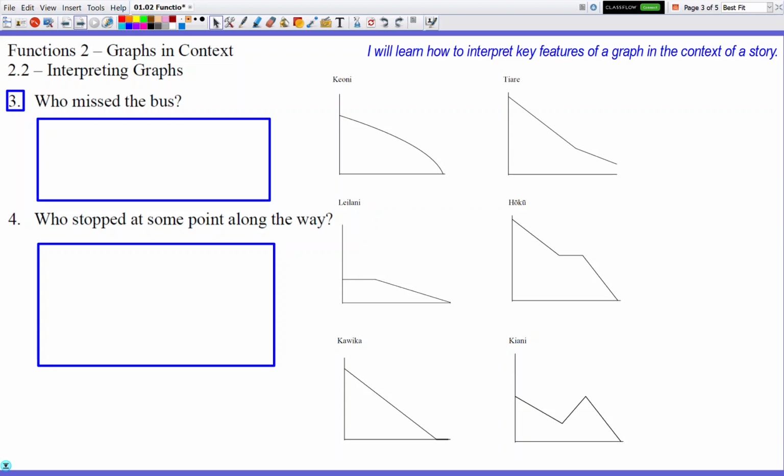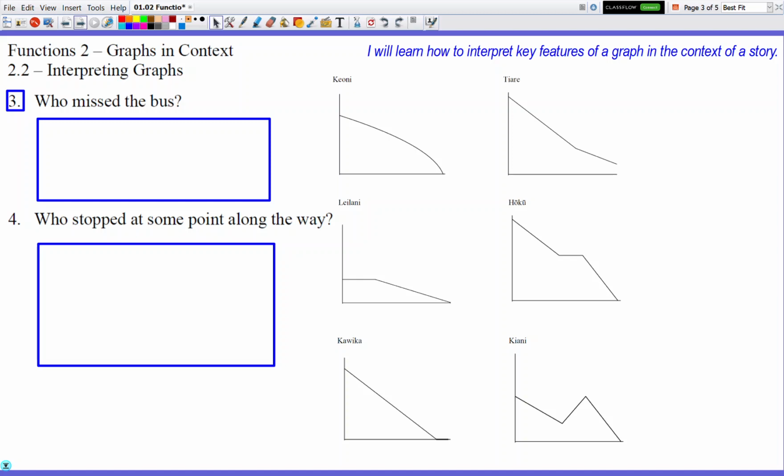So do any of the graphs not touch the x-axis? Because if they don't touch, that means they didn't reach the bus stop. Look for a graph that doesn't reach the x-axis. And you're going to say, I think TRA doesn't touch the x-axis, meaning that TRA doesn't arrive at the bus stop.